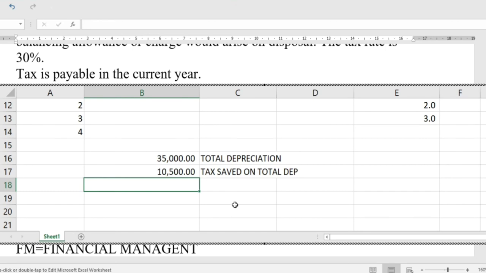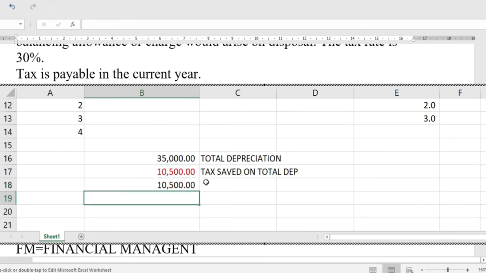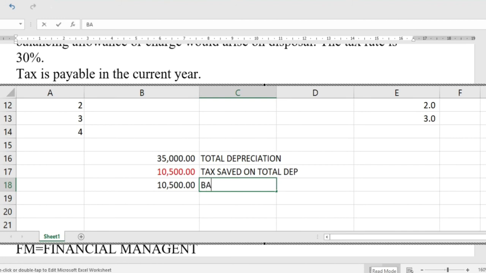This amount will be used as a balancing figure.